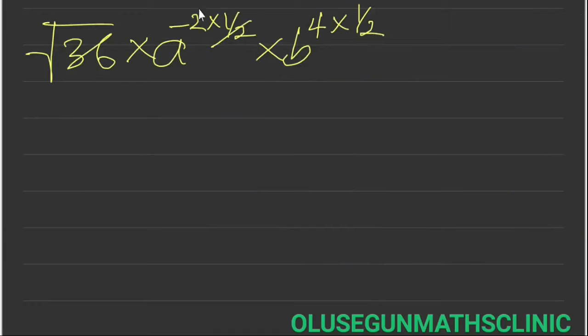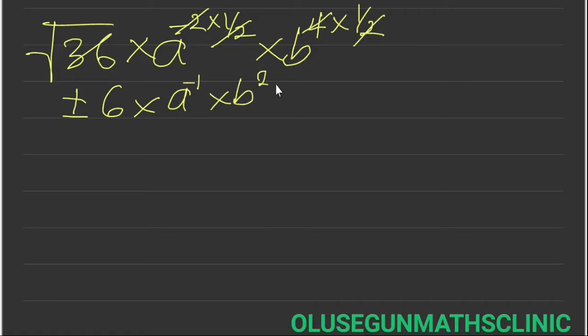So this will cancel this. Root 36 will give you plus or minus 6 times A raised to power minus 1, sorry, there's minus, times this will cancel this, B raised to power 2.